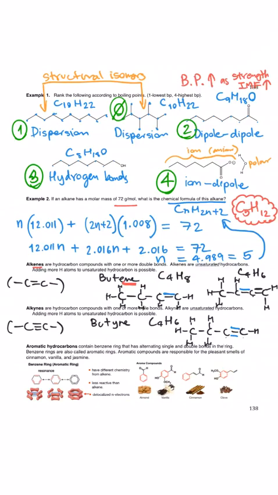So those contain aromatic rings that produce the smell specific to these molecules. I'm not going to go over much detail for aromatic hydrocarbons, but what I expect you to know from here is that you need to be able to recognize the aromatic ring or the benzene ring. The three types of hydrocarbon that we will focus on the most are alkane, alkene, and alkynes.